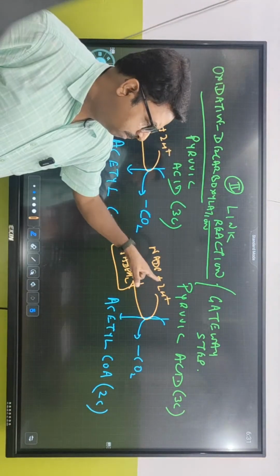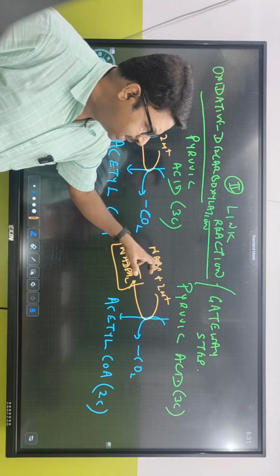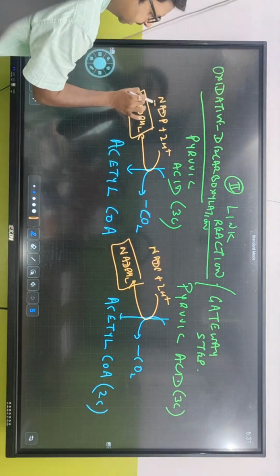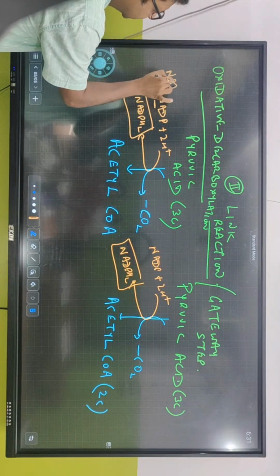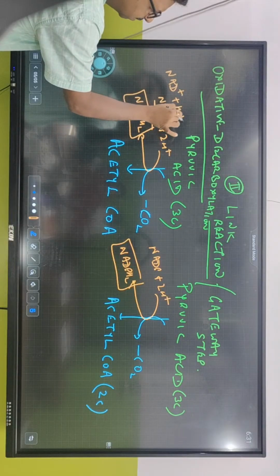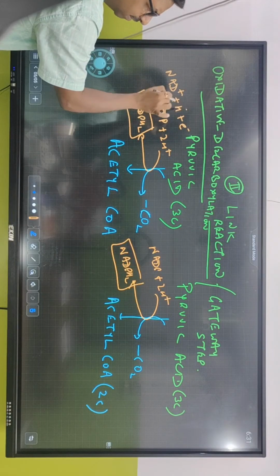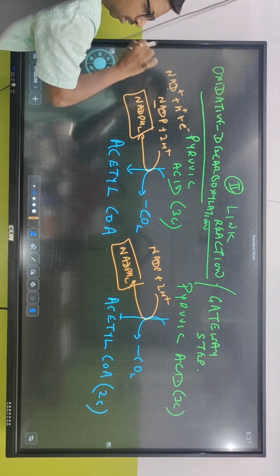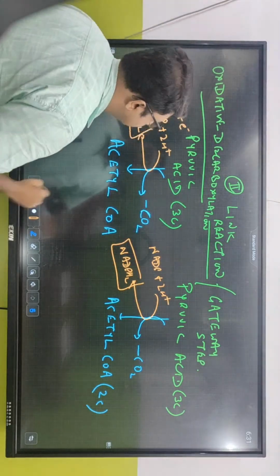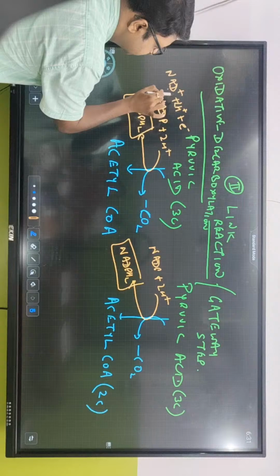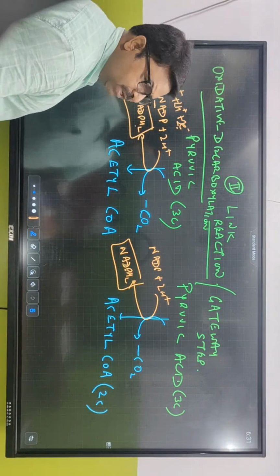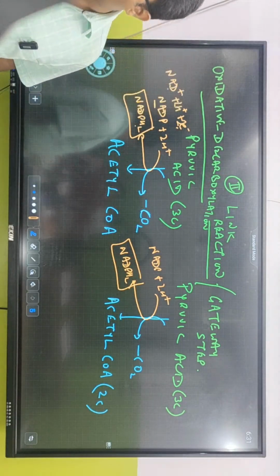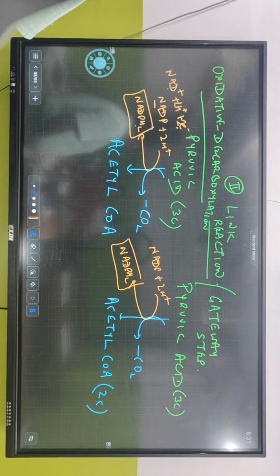When the hydrogen is bonded with the NADP, this remains in what condition? It needs hydrogen plus electron to give rise to NADPH2. So 2 of the hydrogen and 2 of the electron are needed to make NADPH2.